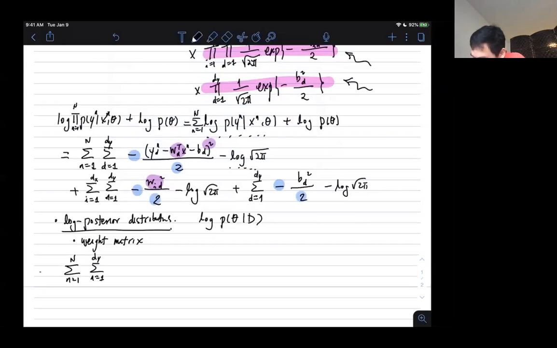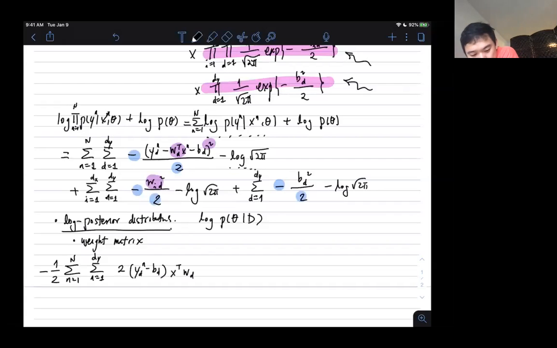So I'm going to write minus 1 over 2. And now let's look inside. What I get is 2 times yn d minus bd, x transpose wd. So that's our first thing that we get out of this.